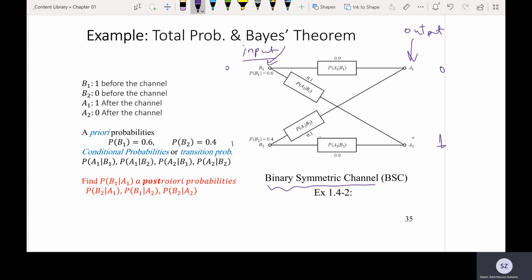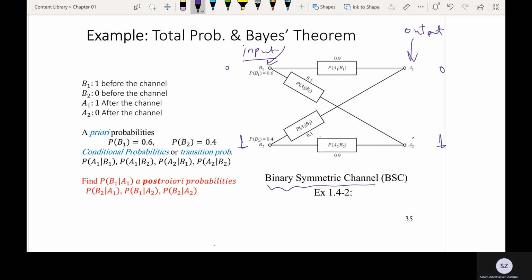If I send 1, I get 1. And there is a probability that I make an error, that I send 1 and receive it as 0. The probability of correct reception, so the probability of receiving A2 given B2 was sent, is 0.9, while the probability of error, which is the probability of receiving A1 given that I sent B2, is 10%.